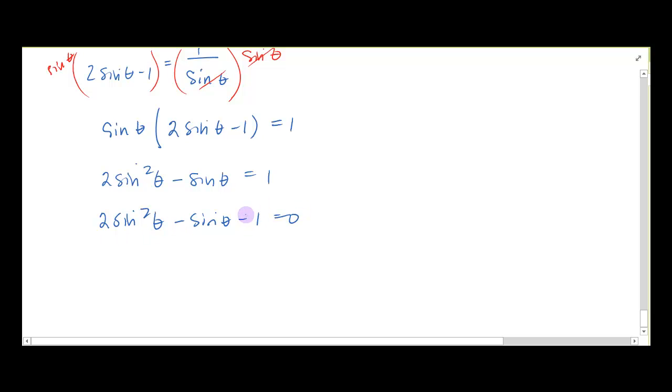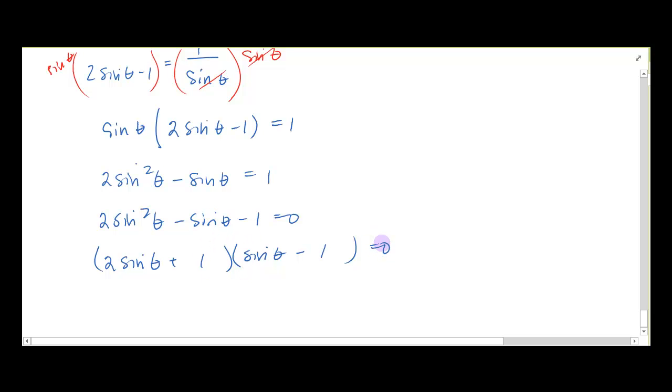Okay, if we factor this, we see that this is going to factor into 2 sine theta plus something and sine theta minus something, and this has to be a plus 1 and a minus 1. Let's see if I have the minus sign in the right spot. This is a negative 2 plus 1 gives me a negative 1.